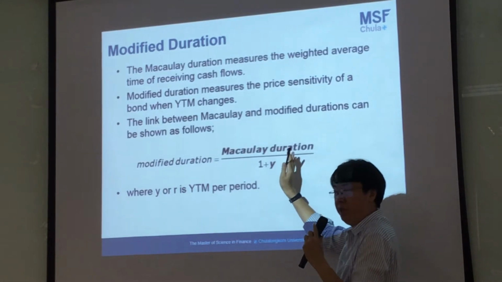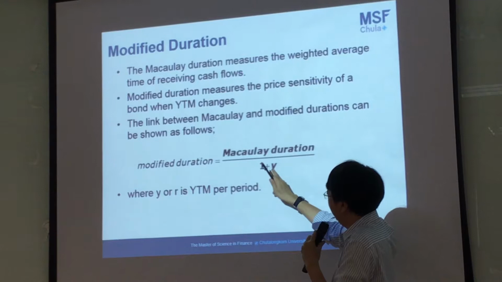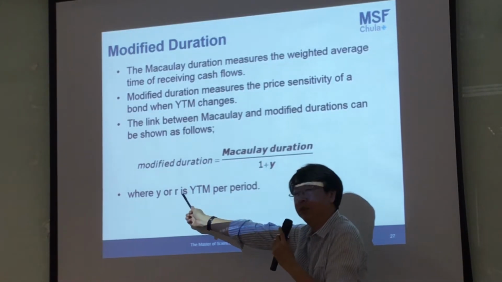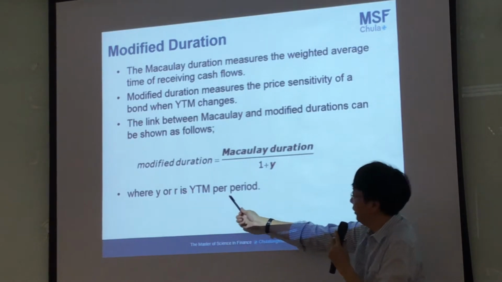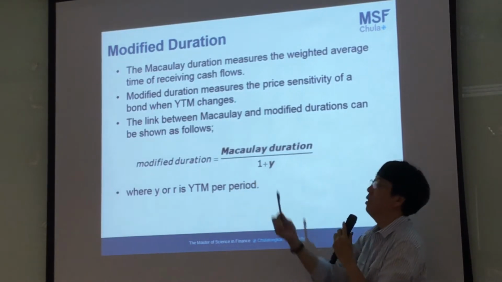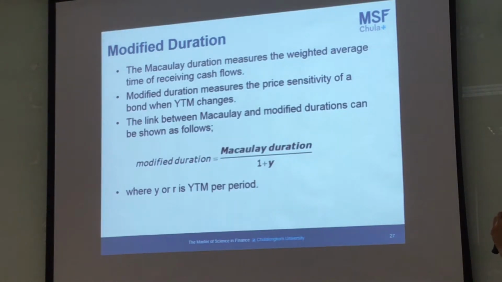Here y is the yield, because I use another textbook. I already indicated in this bullet that y in this case is the yield per period. So the modified duration is equal to Macaulay duration divided by 1 plus the yield per period.